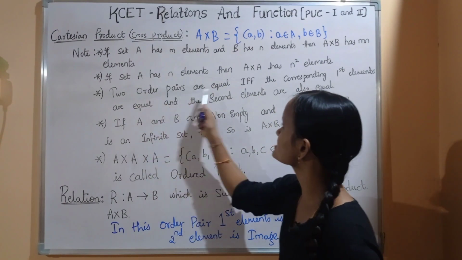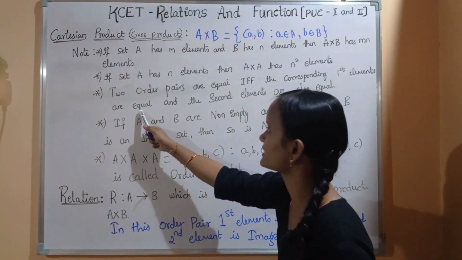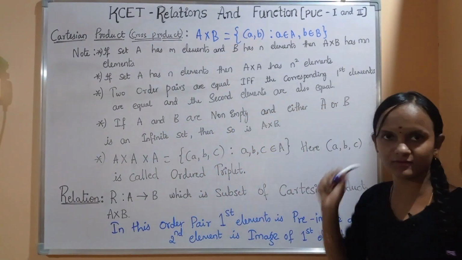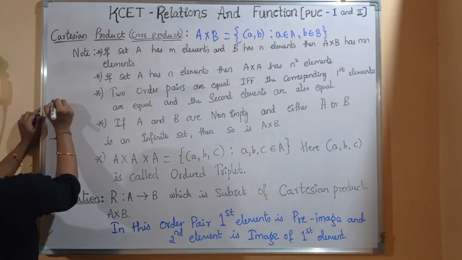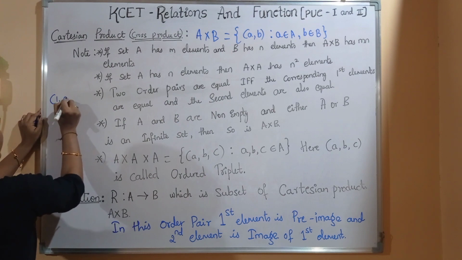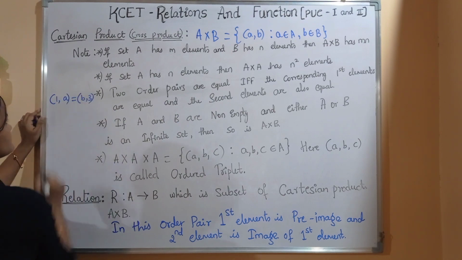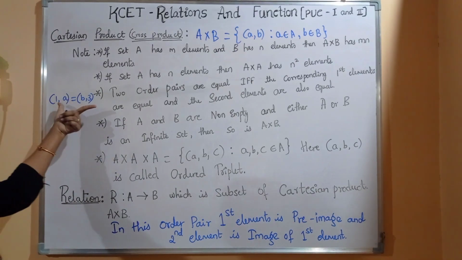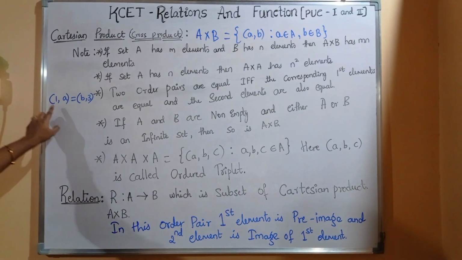If A has n elements, then A cross A has n square elements. Two ordered pairs are equal if and only if the corresponding first elements are equal and second elements are equal. If I take an example, for example, (1, a) and (b, 3). These are two ordered pairs.